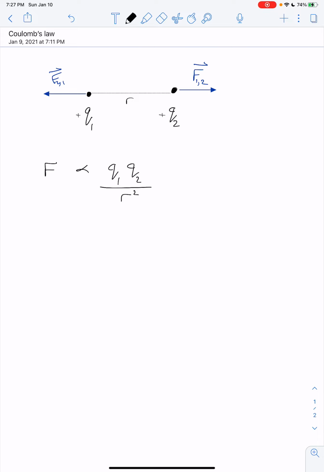In order to make this into an equation that we can pin exact numbers on, in the units that we commonly use, we can do an experiment and measure what proportionality constant gives us an equal sign. We can measure a value for what we'll call K, or Coulomb's constant.